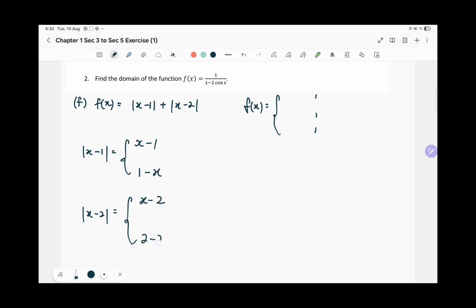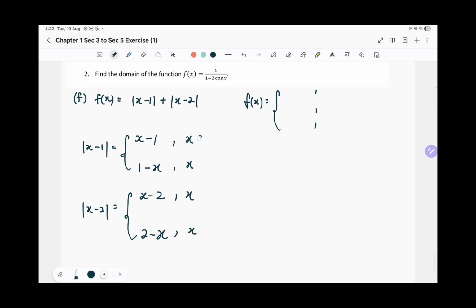This one also itself or the negative of it. Okay, then we write down the condition. Greater than or equal, or less than. Then we have to write out the value here. So I show you how we get the value from here.